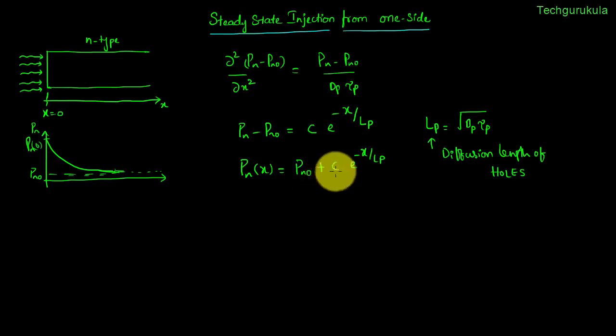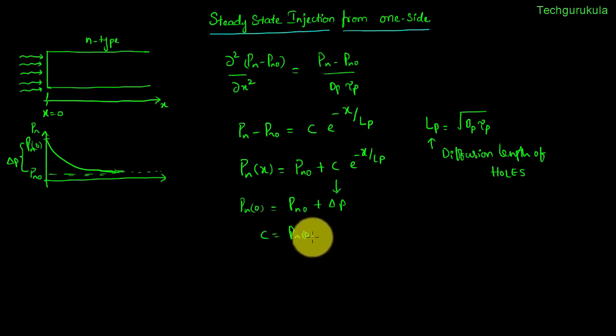Now let us find what c is here. We know Pn of 0 is given by Pn naught plus the delta P, the injected carrier concentration. At x equal to 0 this is the concentration, so c would be equal to delta P. So we can write c as Pn of 0 minus Pn naught.